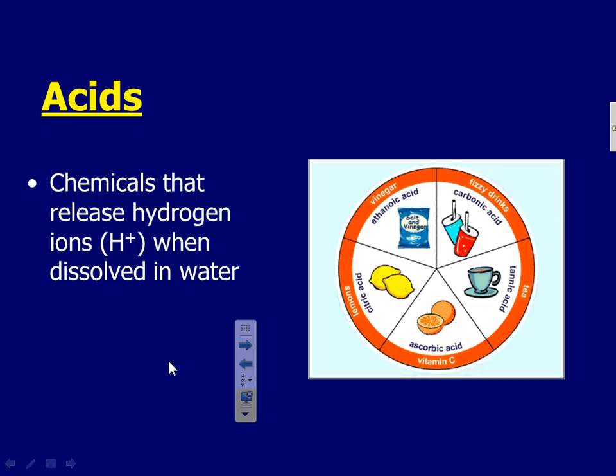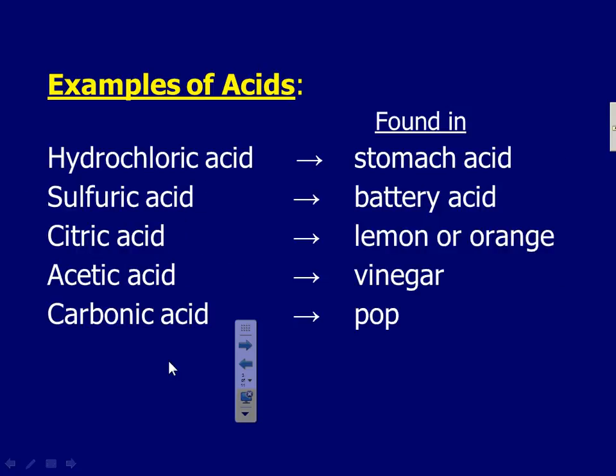It's a biological molecule. Anyway, the important thing is they all have H's in them. And when they're dissolved in water, the H's are released. And it's the H's that are going around doing their thing. If you were to get an acid burn on your skin, strong acid on your skin, the reason it's burning is because of the H's. They're attacking the cells and breaking the cells down.